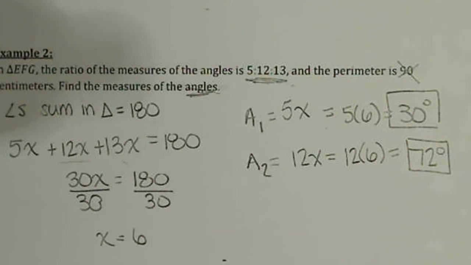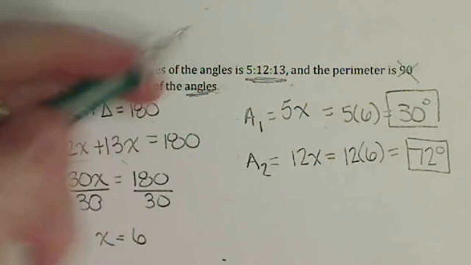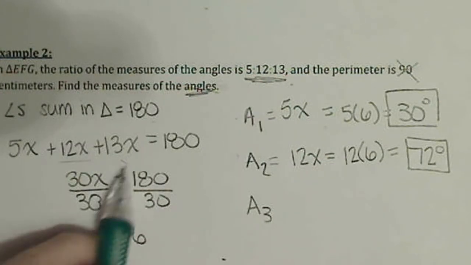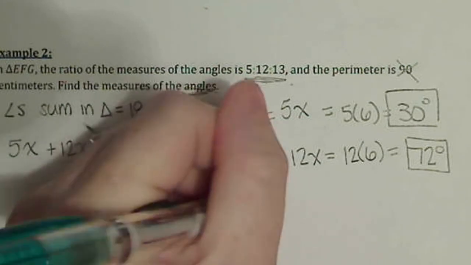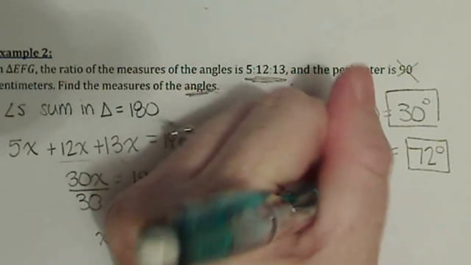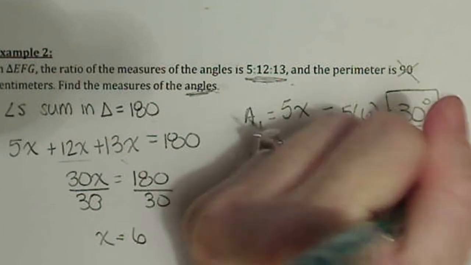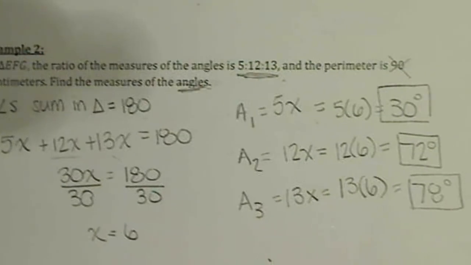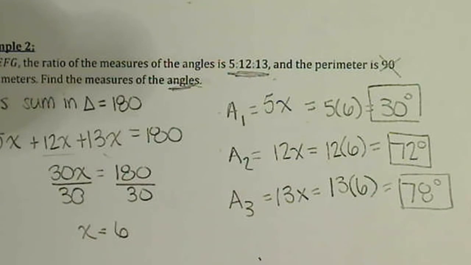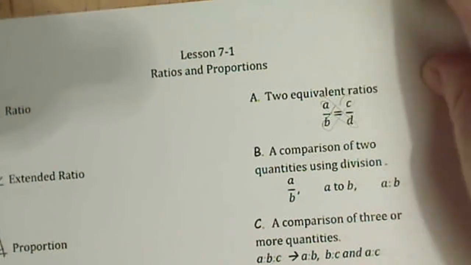Now angle 3, you could either add these two and subtract from 180, or you could simply say, oh, well, it's 13x, so we can solve by substituting again and just do 13 times 6 and get 78 degrees. Now, how could you check to make sure these are correct? You could add these three up and make sure that they equal 180, and they do. So turn the page.